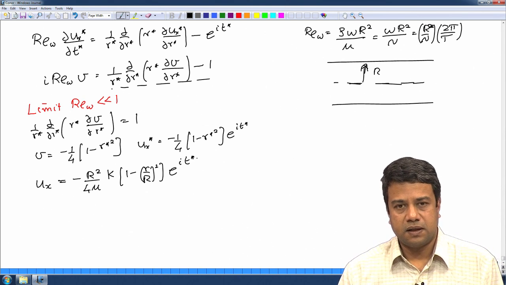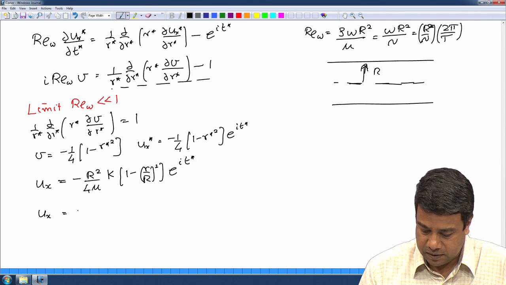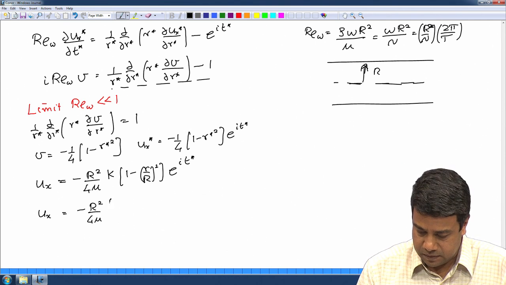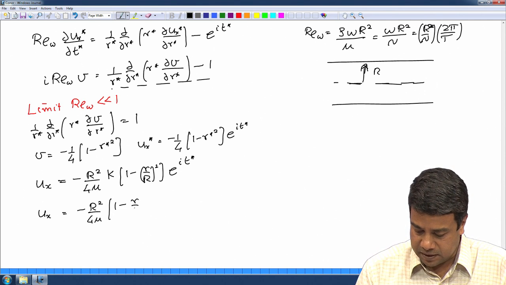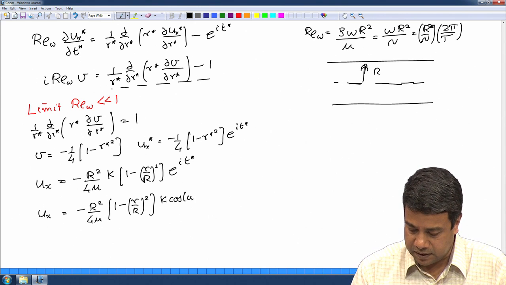And if I take the real part of this, I will get ux equal to minus r square by 4 mu into (1 minus r by r) the whole square into k cos of omega t.